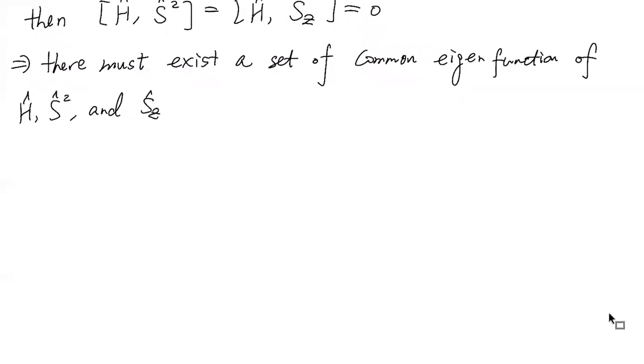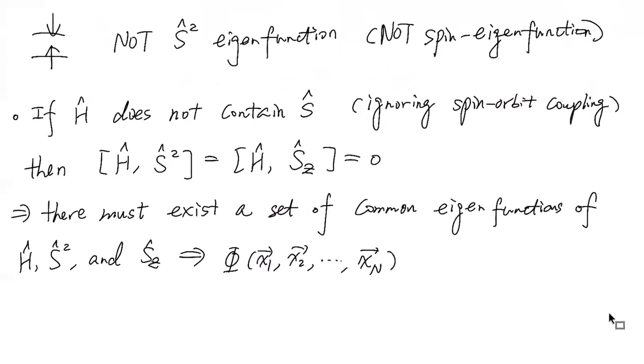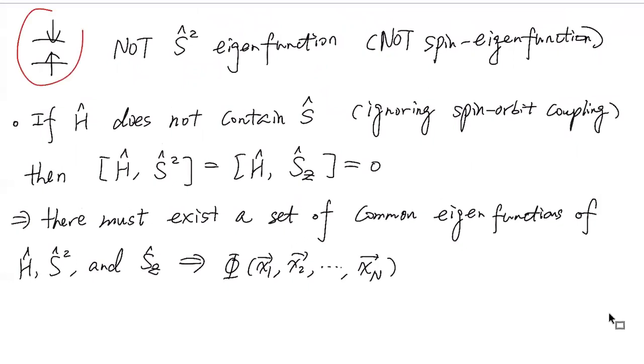We denote this set of common eigenfunctions as phi. Of course, it's a function of the complete electronic coordinates from x1 to xn. And it's not going to be, in general, a single Slater determinant, because, for instance, for this one up and one down configuration, this is not a spin eigenfunction.